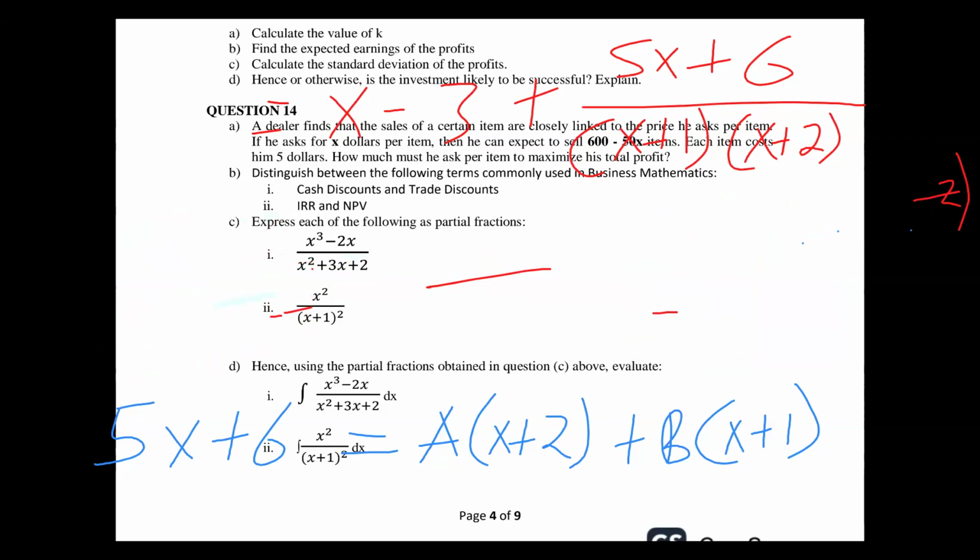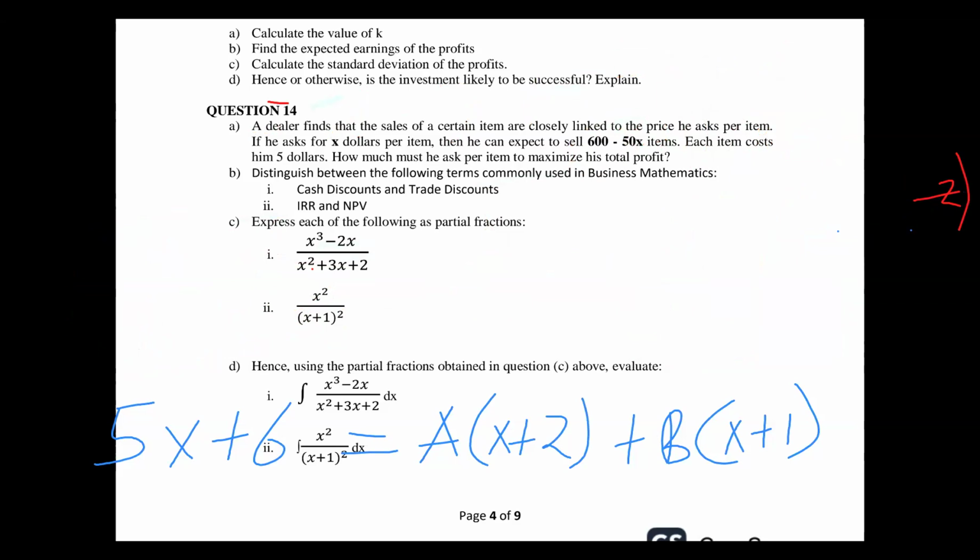A continuation from here shows that if we want the value of A, listen carefully, we can set the value of B equal to 0 by getting the factor that is on B, this x plus 1, and setting it equal to 0. When you set it equal to 0, the 1 will cross the equal sign and become -1.